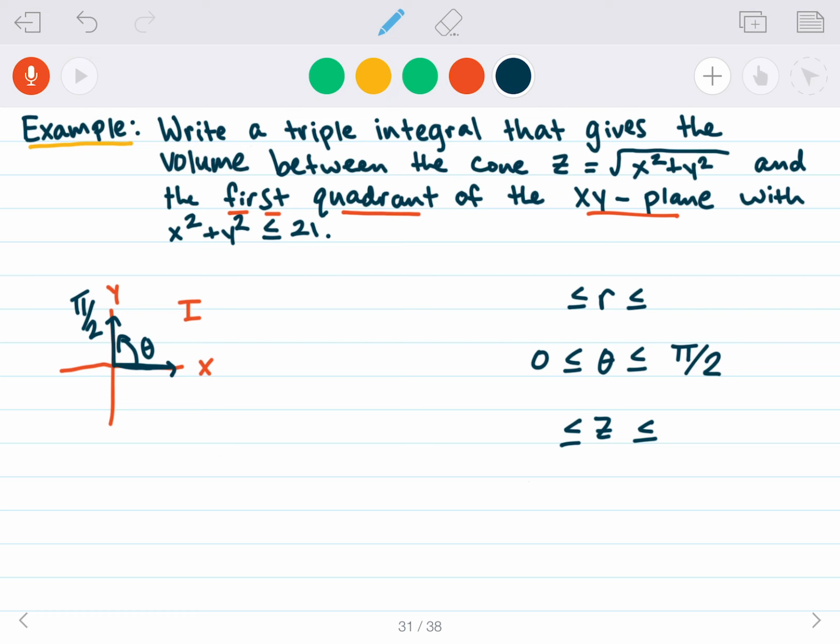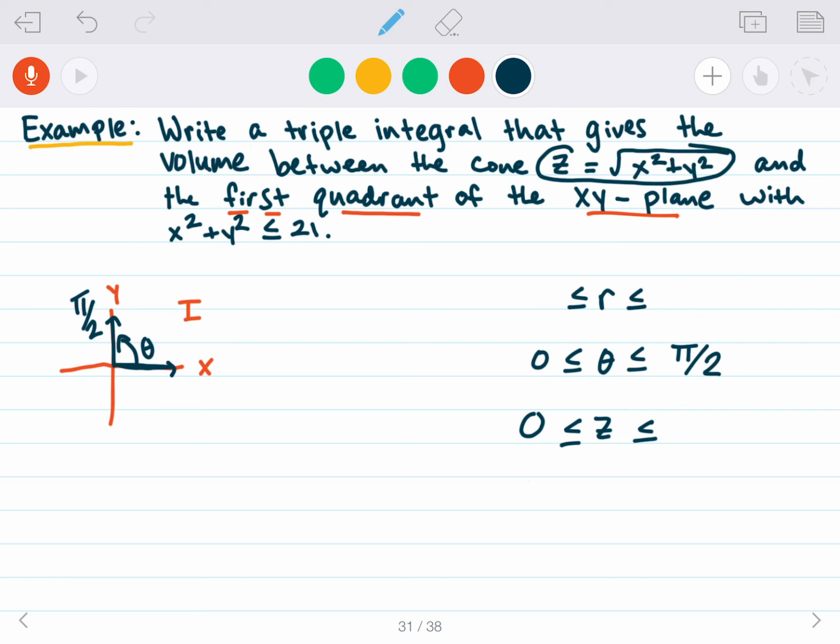Now, where are r and z going to vary? Well, since we're concerned with the xy plane, z is bounded by the cone and the xy plane. We know that the lower bound for z is going to be 0, because on the xy plane, z is equal to 0. Now, the upper bound for z is going to depend on r.